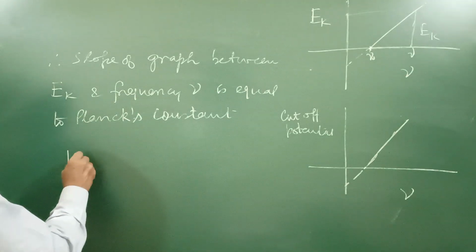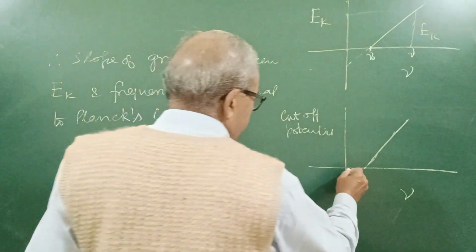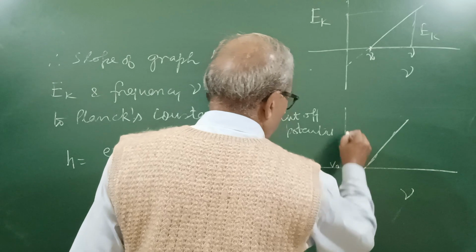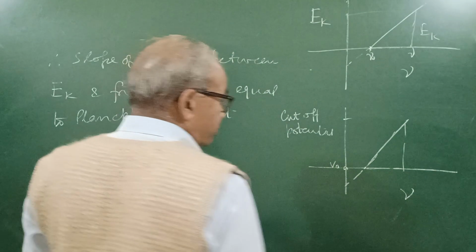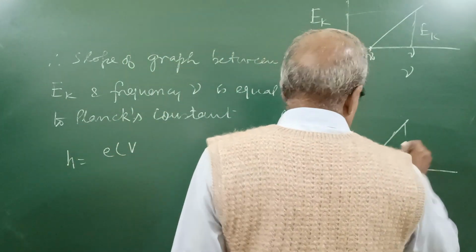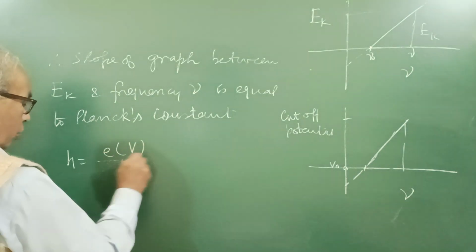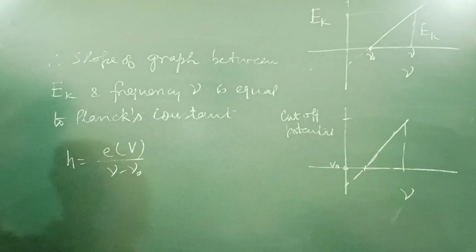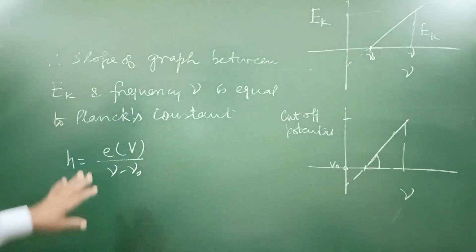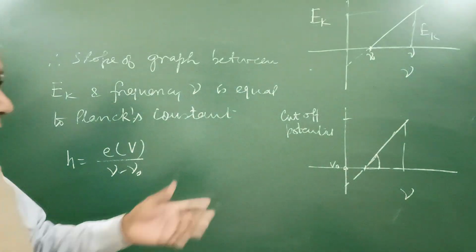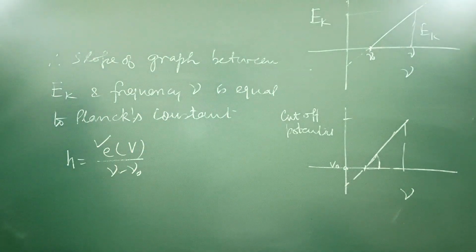So here h will be E into V upon nu minus nu 0, if this is V0 and this is nu. That is, the slope of cutoff potential and frequency graph, multiplied by the charge of the electron, is again the Planck constant.